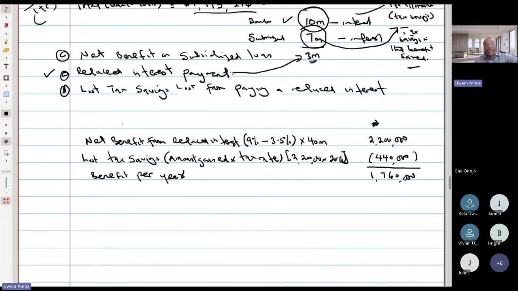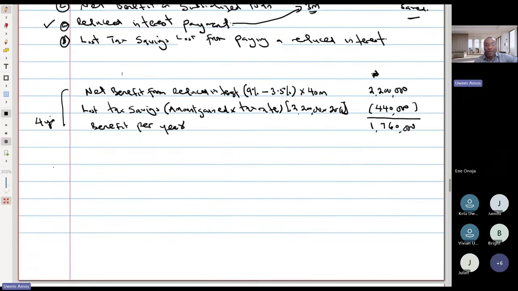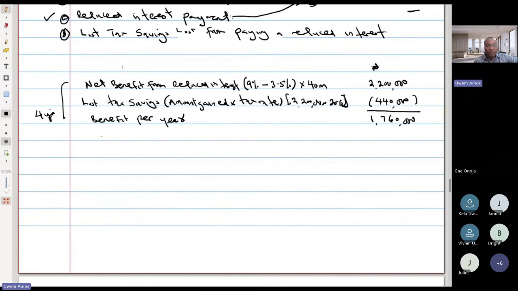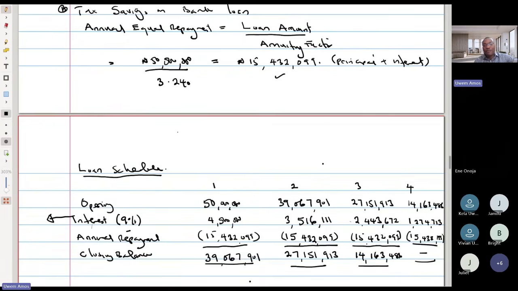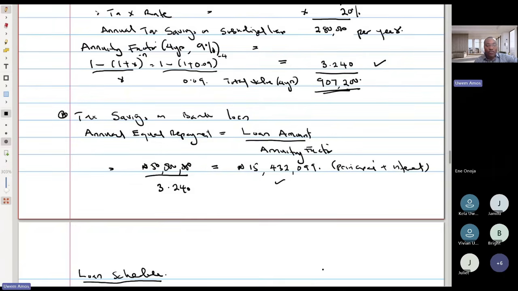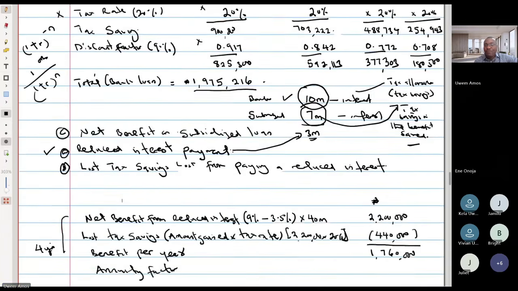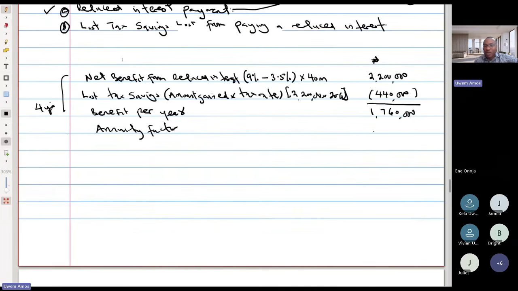All right, so this is per year. Our project is for 4 years. So always bear in mind, because it's for 4 years and that's per year, we need to bring in the annuity factor. We already calculated it before, so we don't need to calculate it again. What was the annuity factor that we used before? 3.240.